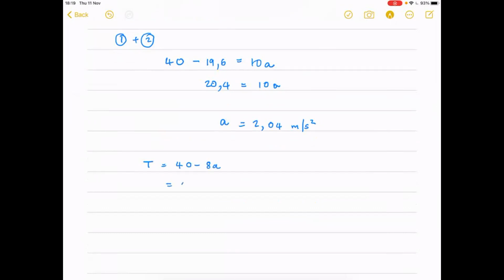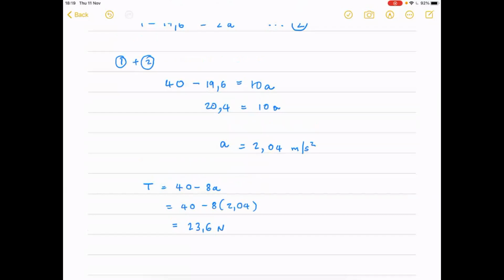So that is equal to 40 minus 8 into 2.04, and you get 23.6 newtons. And that is how we answer these types of questions using Newton's laws.